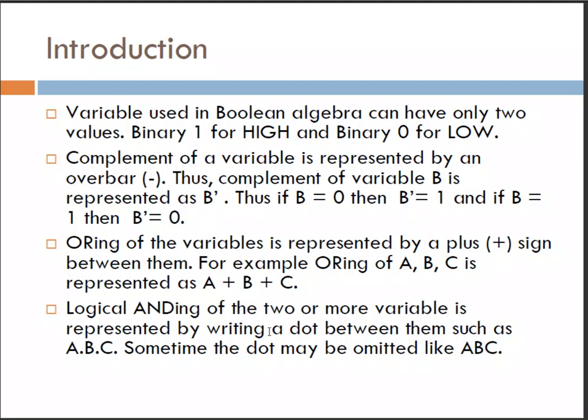The complement of a variable is represented by an over bar above the variable. Thus, the complement of a variable B is represented as B bar. If B is equal to 0, then B bar is equal to 1. If B is equal to 1, then B bar is equal to 0.